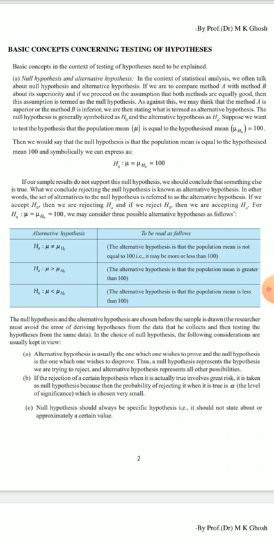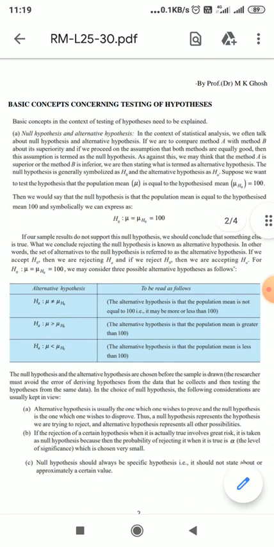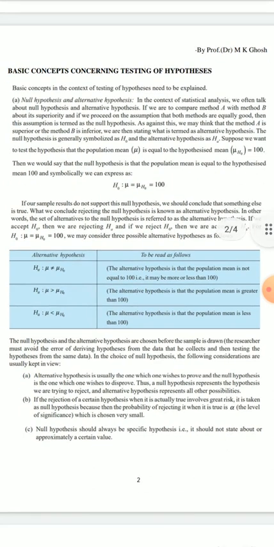First is known as null hypothesis and alternative hypothesis. As per statistical analysis, we talk about the null hypothesis and alternative hypothesis.